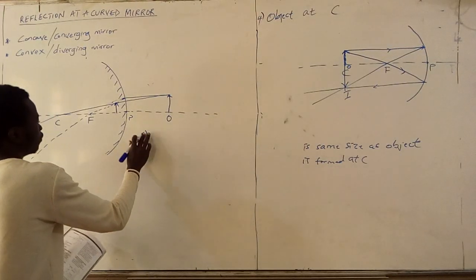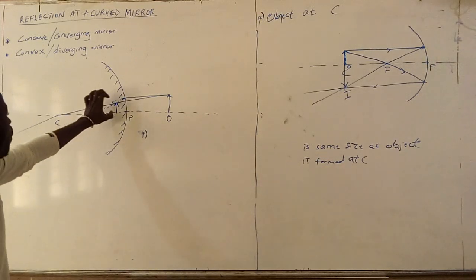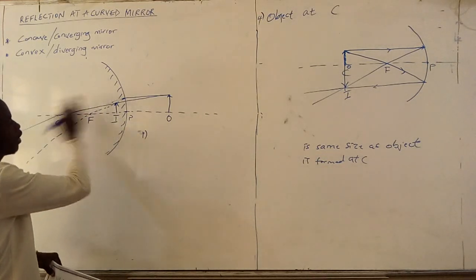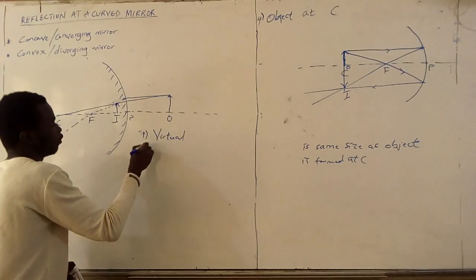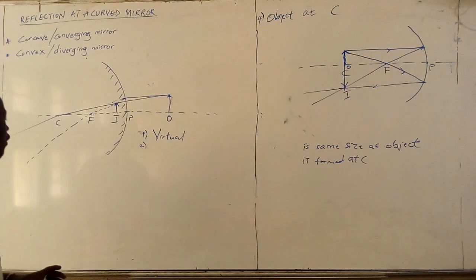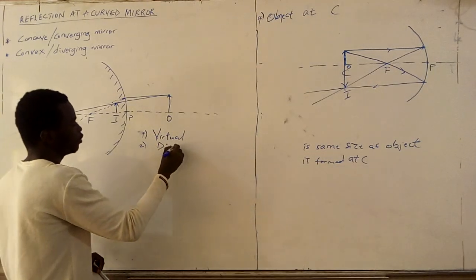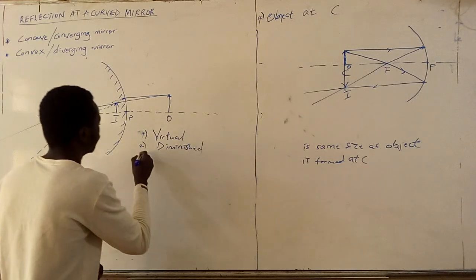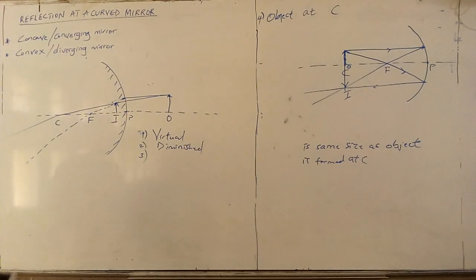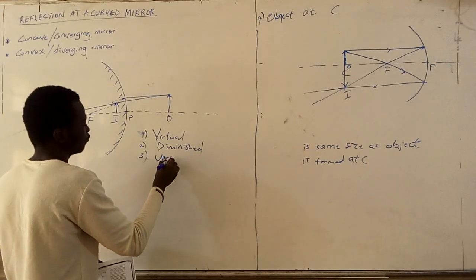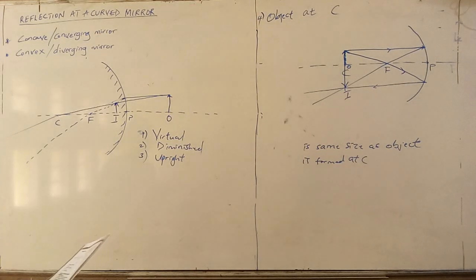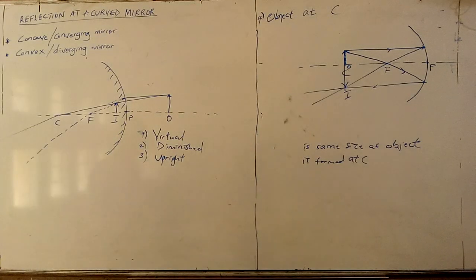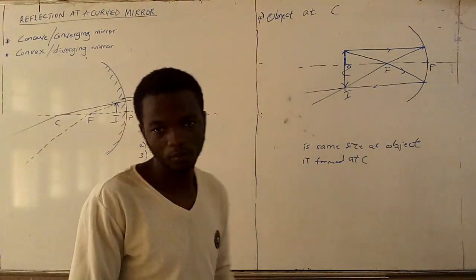One, you see that the image is formed at the back of the mirror, so the image is virtual. Two, the image is smaller than the object, so we'll say it is diminished. Three, it is what? Upright. Standing upright. Or we can say it is erect. So those are the properties of the image formed by a convex mirror.